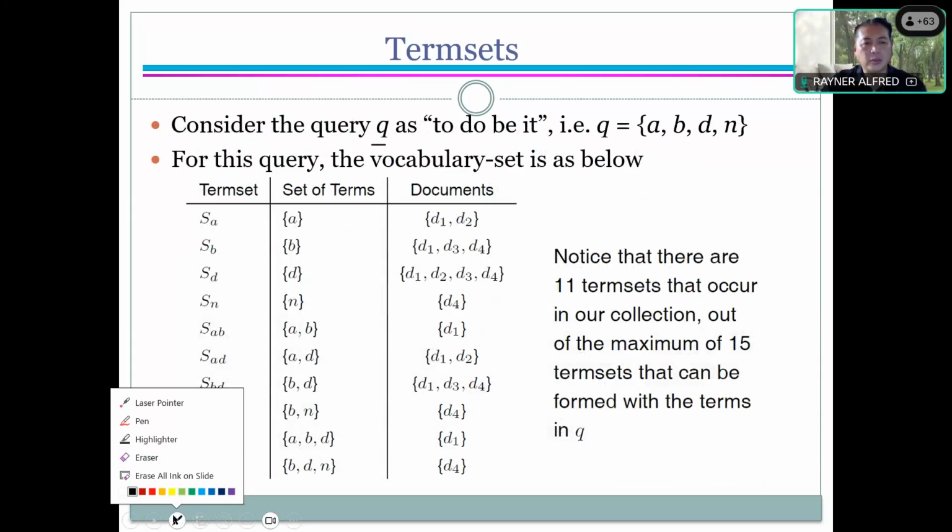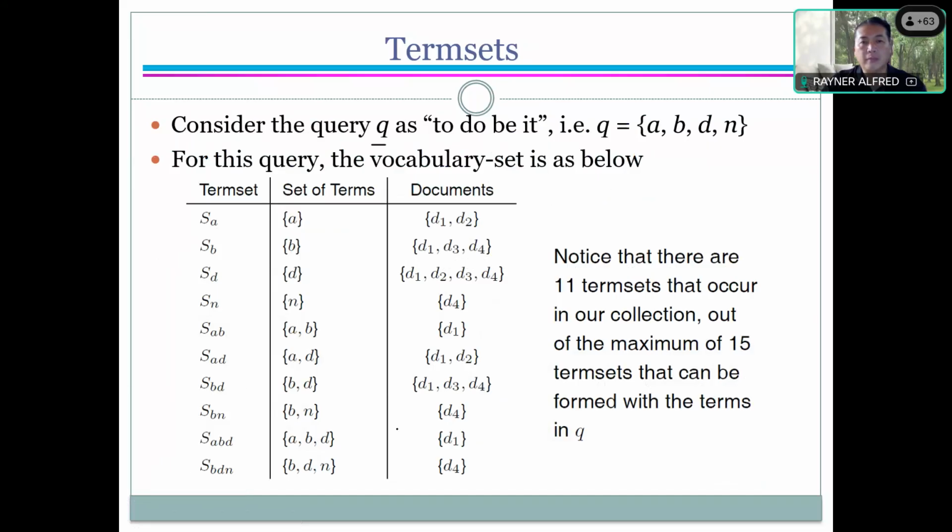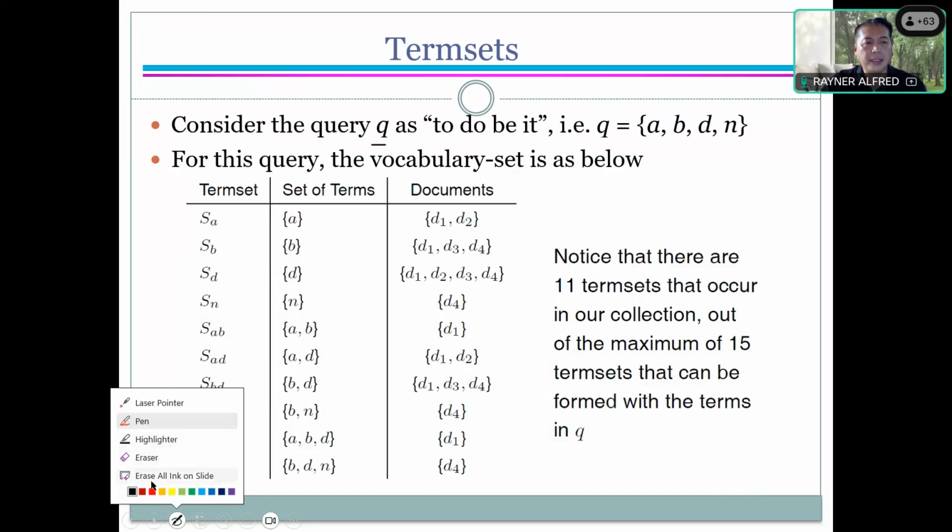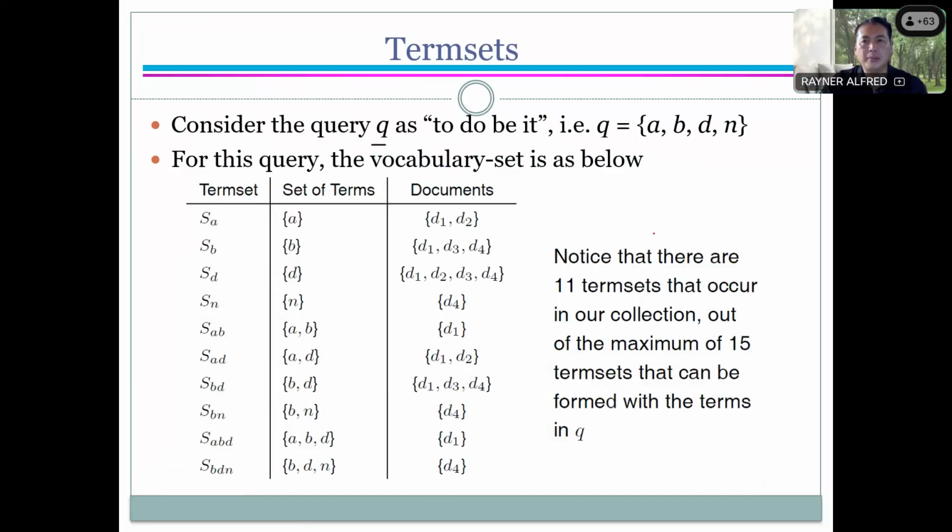So for example, in this one, we have A, B, D, N. Okay, A, B, D, N. So how many possible patterns could we generate from here? 2 to the power of 4, and we have 16, right?